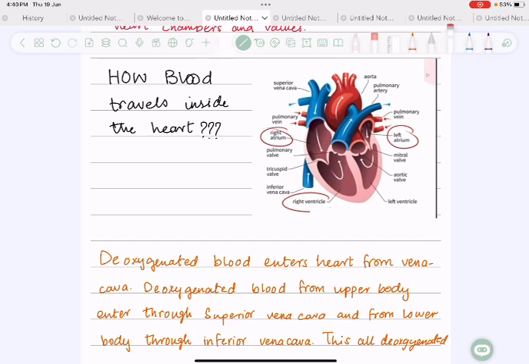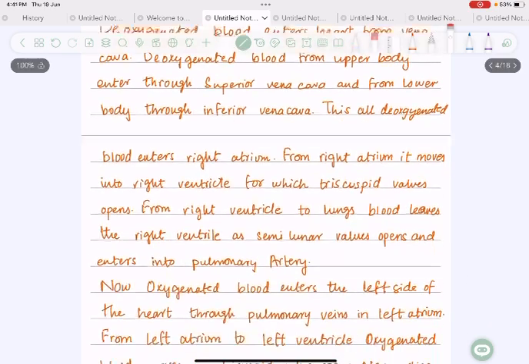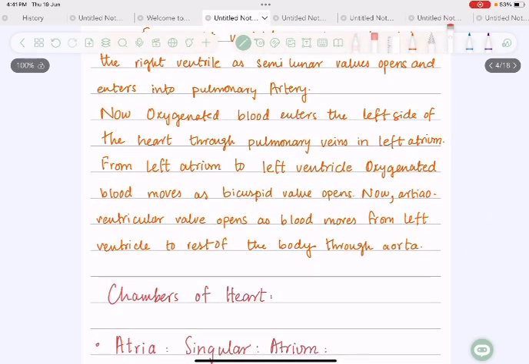Now, from the left ventricle, blood is pumped to the entire body. How? These are the aortic valves. When the ventricle contracts, these valves open and the blood moves through them to the aorta, and now the blood goes to different parts of the body with high pressure as it leaves through the aorta, which is an artery.